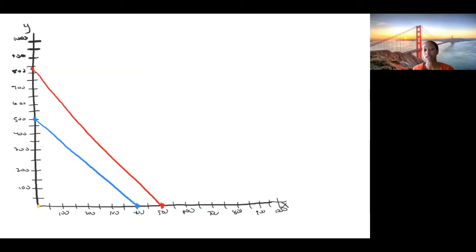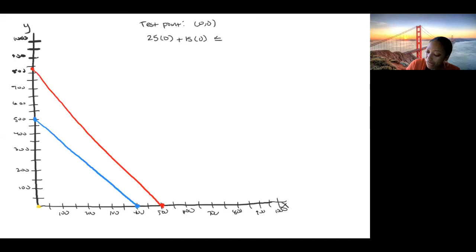Let's pick a test point. We'll use 0, 0 for our test point. And we want to plug them into our original inequalities, which were 25 times 0 plus 15 times 0.